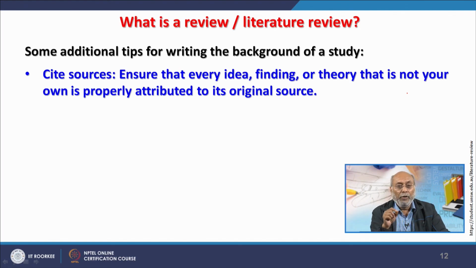If you are borrowing a sentence from others' publications, you must give the credit or cite that work. Otherwise, you would land up in a plagiarism case, whether it's a thesis or any other thing. At the end of this course, in the last 1 or 2 lectures, we would be spending time on plagiarism and how to avoid plagiarism in research or in publications.